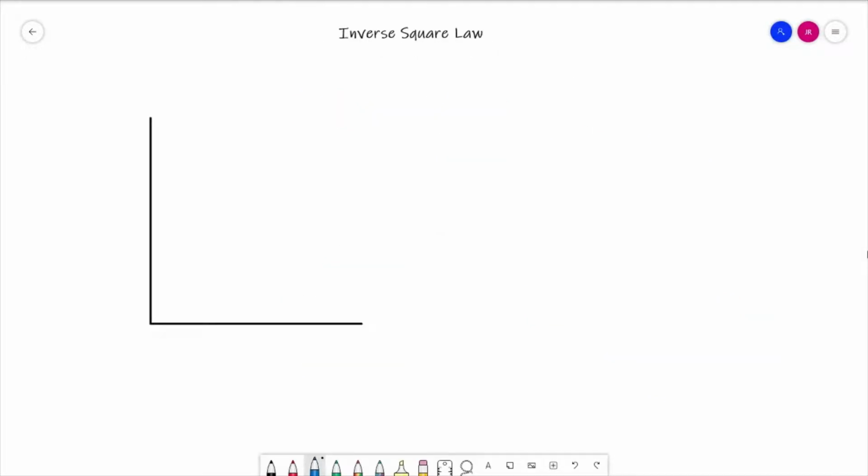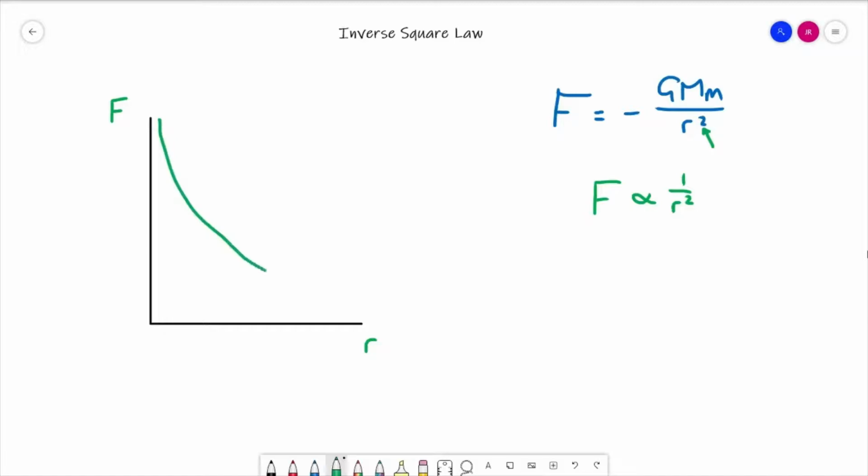Now of course Newton's gravitational law is an example of an inverse square law. If we have a look at the equation again, minus G M m over r squared, it's an inverse square law because we have the distance squared on the bottom of the equation. So F is proportional, as we said a couple of slides ago, to 1 over r squared. If we were to plot a graph of force against distance, we would end up with a graph that looks something like that.